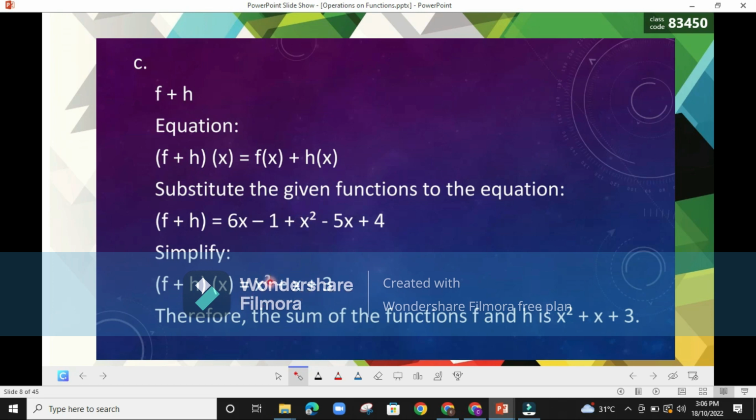We copy x^2 and combine like terms, 6x minus 5x, we have x. The negative 1 plus 4, we have positive 3. Therefore, the sum of the functions f and h is x^2 + x + 3.